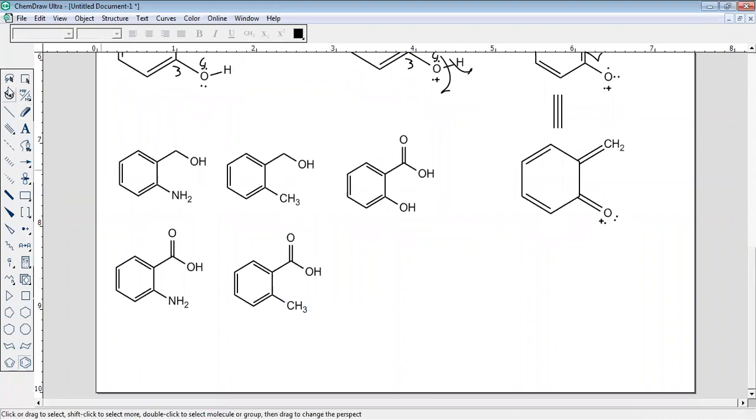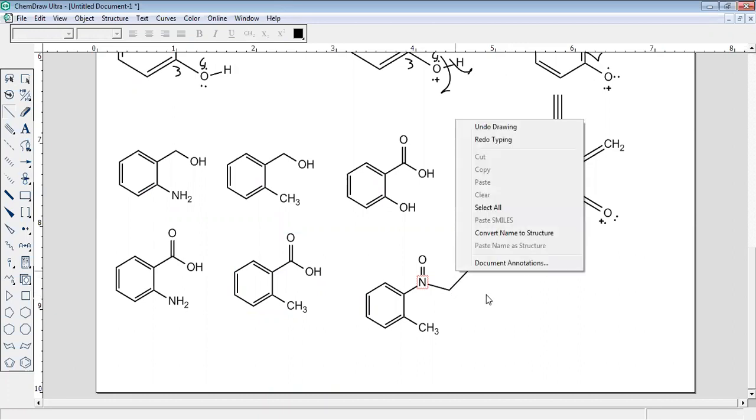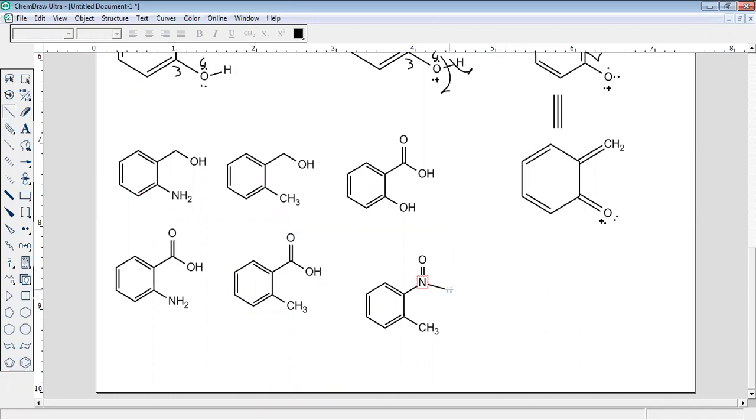Similarly, another example: remove this COOH group. If we write a nitro group here, that will also show the fragmentation. You see, this is positive, and this is negative, like this.